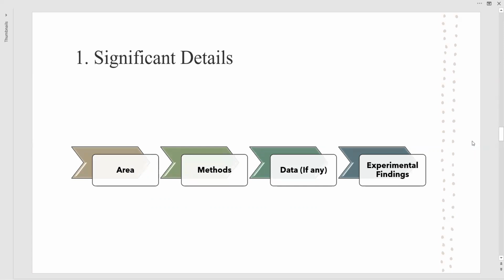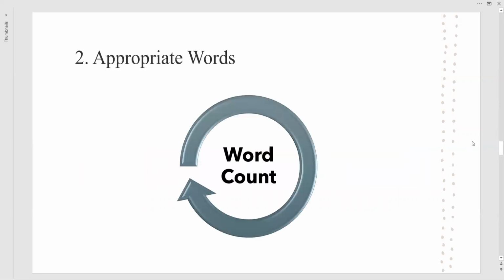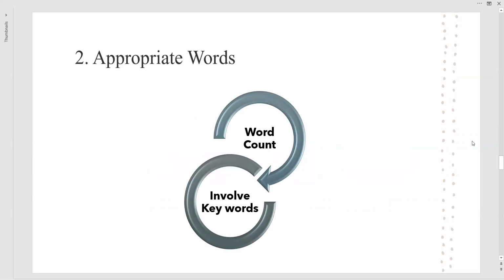After knowing the significant details, the next point you should keep in mind is the appropriate words that have to be utilized in the title. While framing the title, we must be aware of word count. The word count must be 5 words to 15 words, not more than that. Just involve keywords.